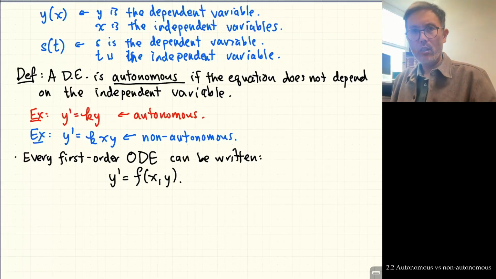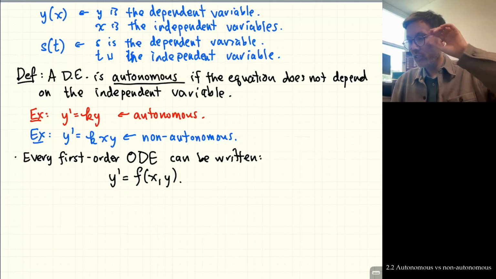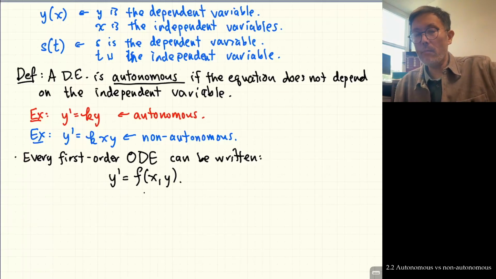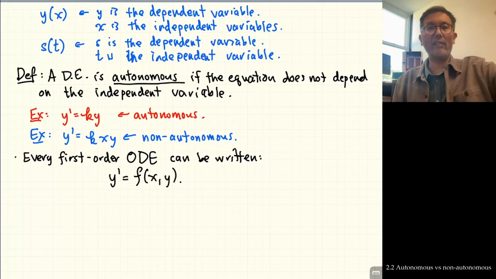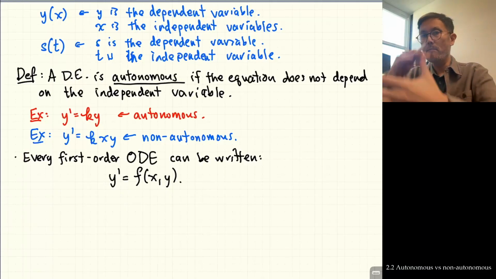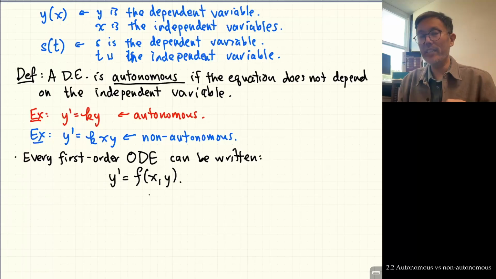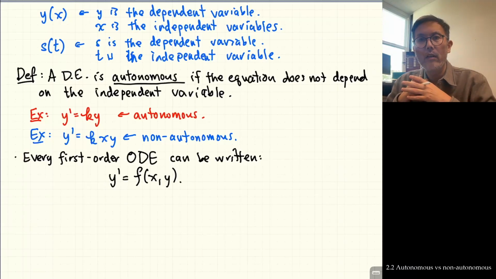So what am I trying to communicate here? So here's y prime, that's the derivative of y. And this is some perhaps complicated expression involving x and y, okay? All mixed up. And every first order ODE can be written in this way for some choice of f of x, y. Okay?